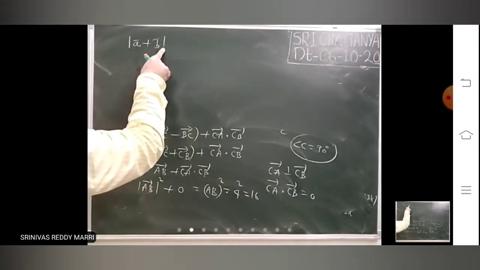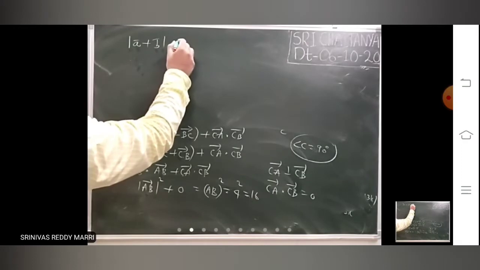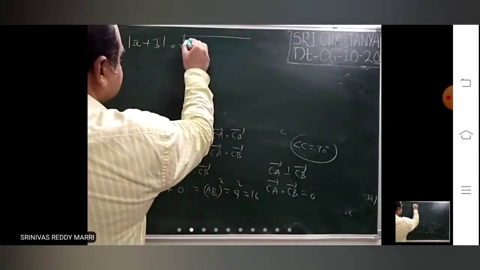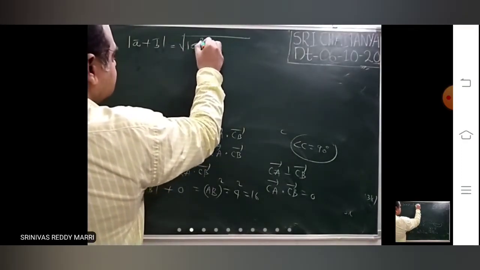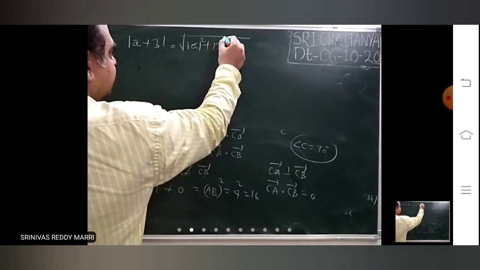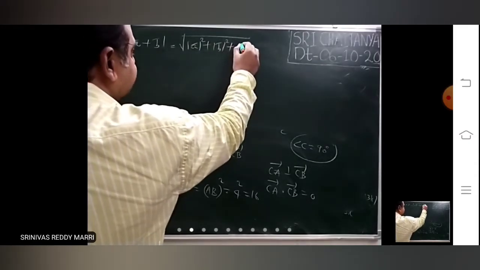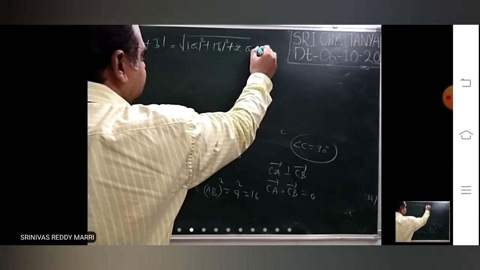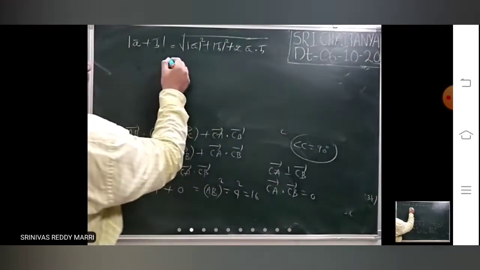Suppose magnitude of the vector a bar plus b bar, formula is, write down this: modulus a bar square plus modulus b bar square plus 2 into a bar dot b bar.